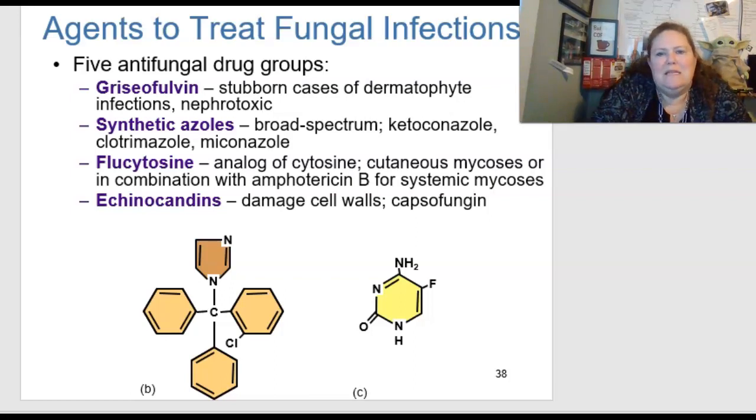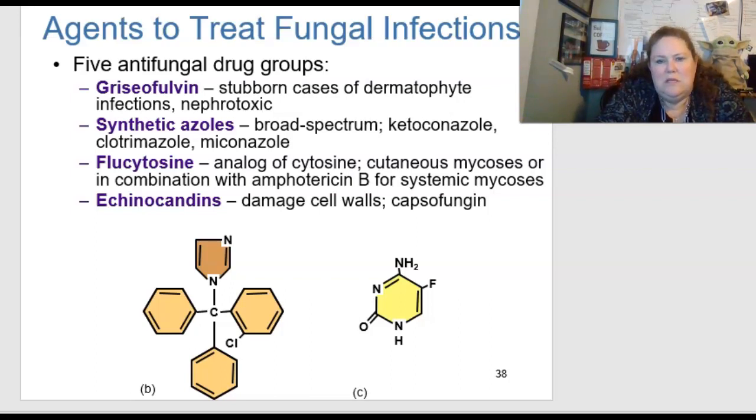You can also have synthetic azoles, and these are broad spectrum, like ketoconazole, I'm not a pharmacist, sorry, clotrimazole and miconazole. And you also have the flucytosine, which is an analog of cytosine, used for cutaneous mycoses, or it can be used in combination with amphotericin B for systemic mycoses.